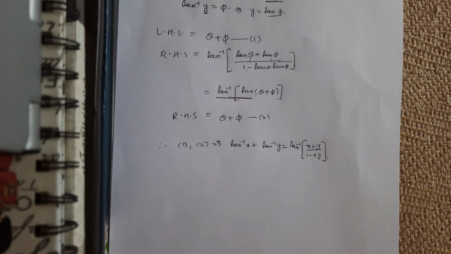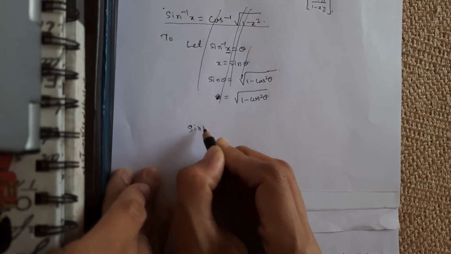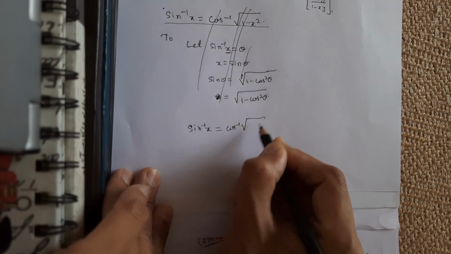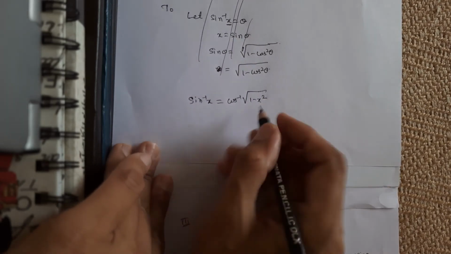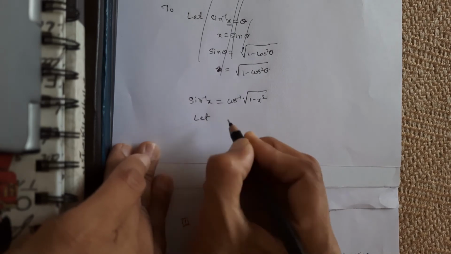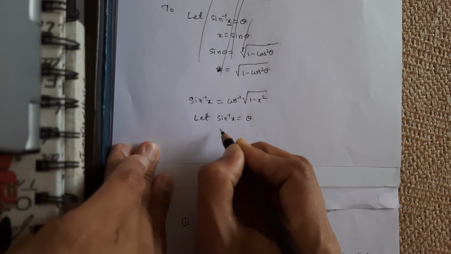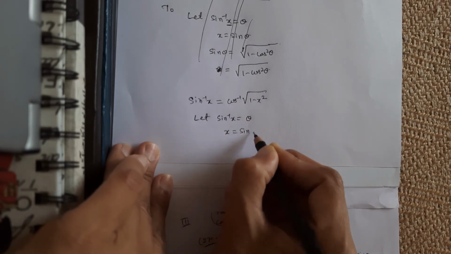The next property that I want to discuss with you is sin inverse x equals cos inverse of root 1 minus x square. So how am I proving it? Just see here. Let sin inverse x equal theta. So by the definition of inverse function, x equals sin theta.